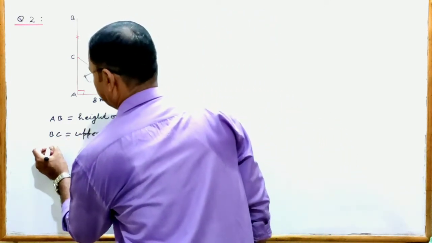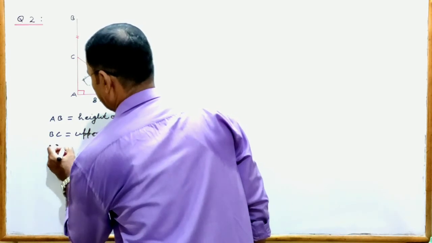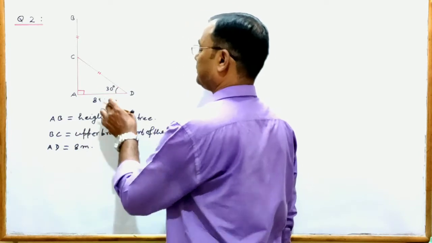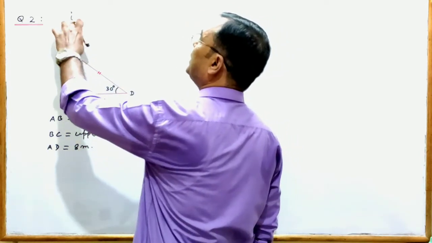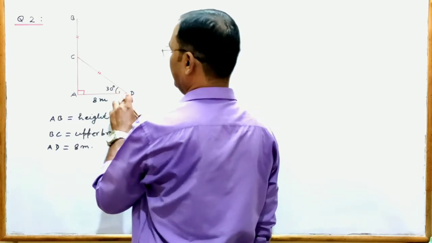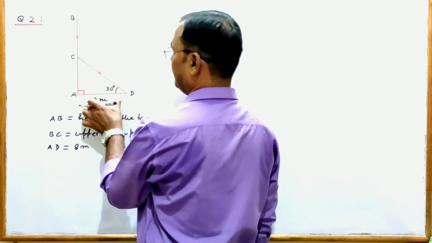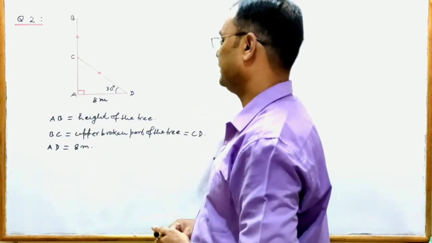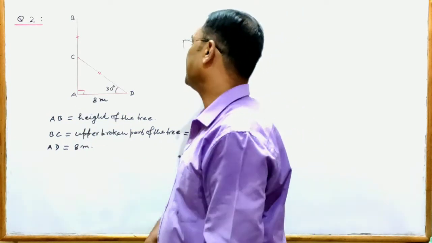AD is equal to 8 meter. The broken portion BC touches the ground at D, which is at 8 meter distance from the foot of the tree A. So AD is 8 meter.